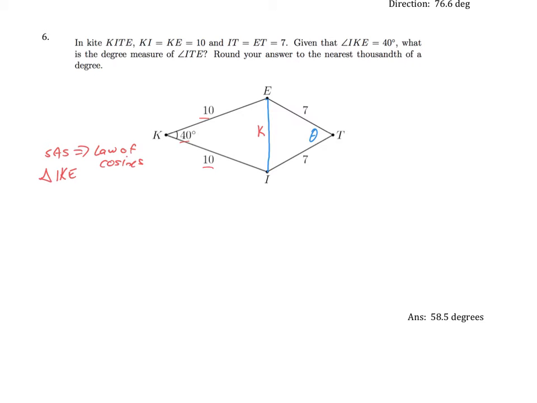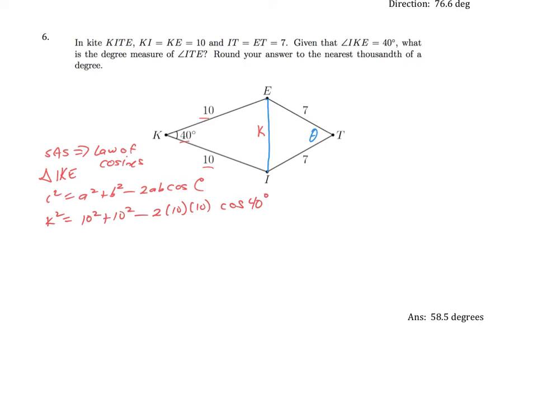So remember, law of cosines is c squared is equal to a squared plus b squared minus 2ab cosine C. It's a modified Pythagorean theorem. So here, instead of c, we're going to use k. So k squared is equal to 10 squared plus 10 squared minus 2 times 10 times 10 times cosine of K, and K is 40 degrees.